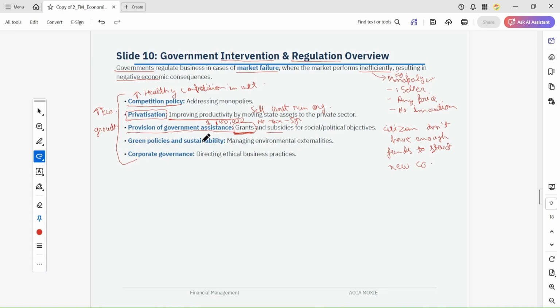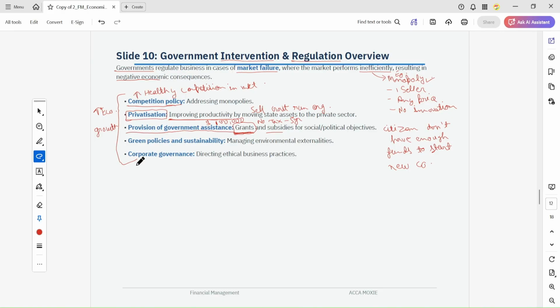Next is green policies and sustainability. When you increase the economic growth and you set up new factories, when you start a new business, you have to cut the trees and build the factories.